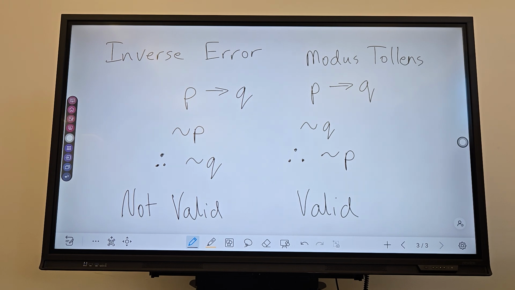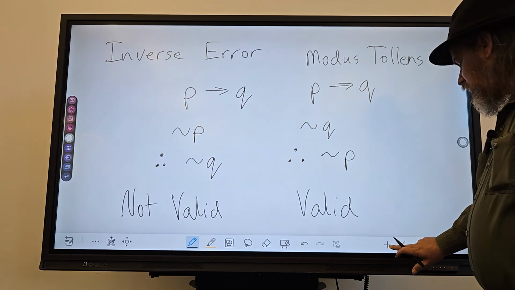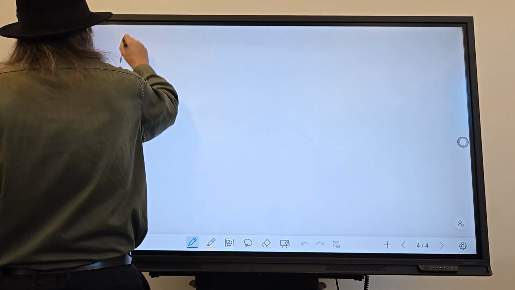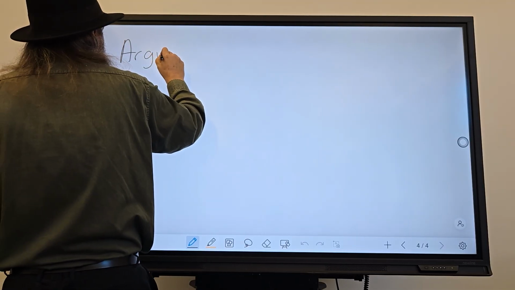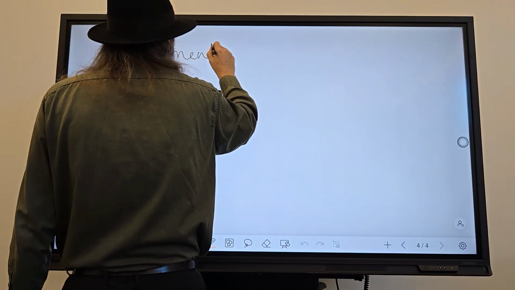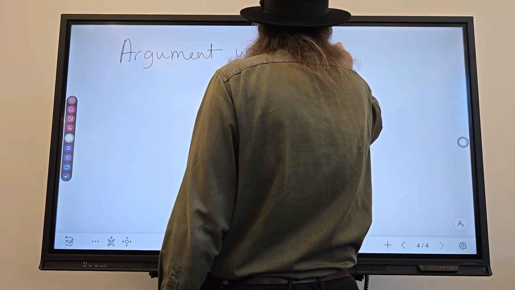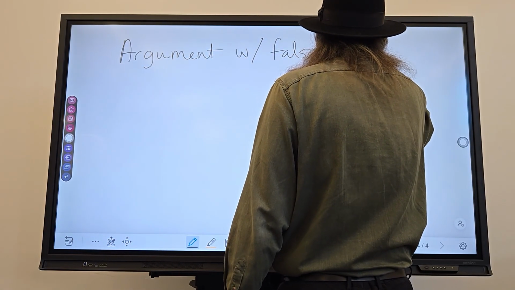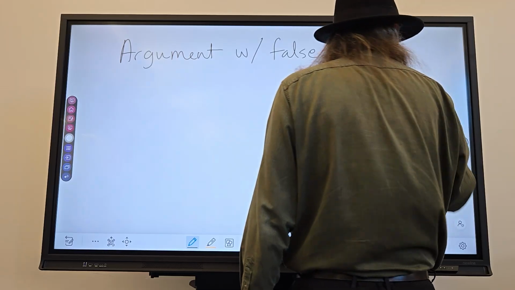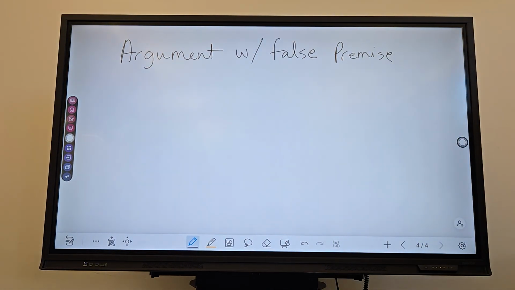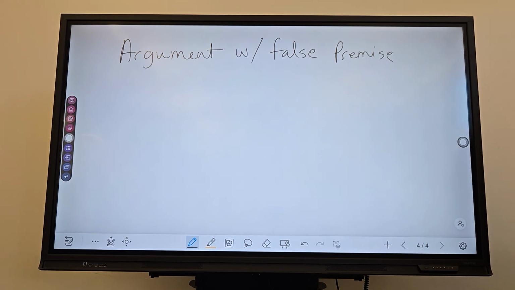Then there's an argument with a false premise. If a premise of an argument is false, then the argument is invalid, even if it is a valid argument form.